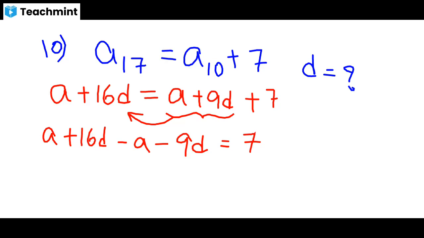Plus A minus A gets cancelled. What is 15D minus 9D? Yes, 6D. Then 6D is equal to 7 you got. Now what is the D value?